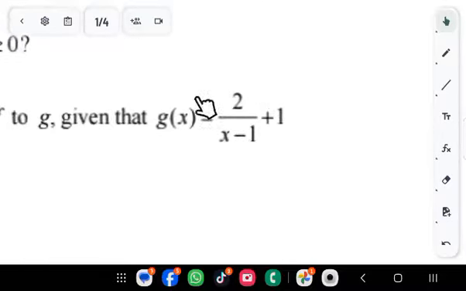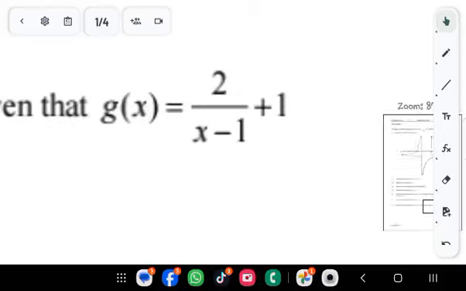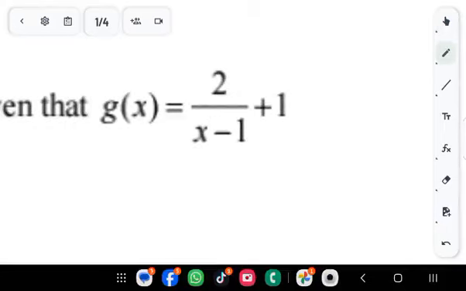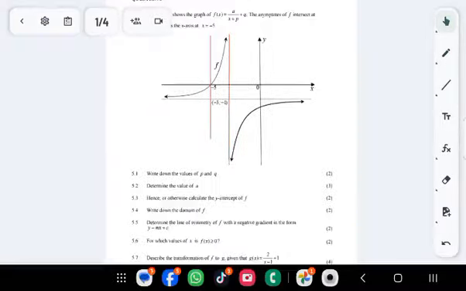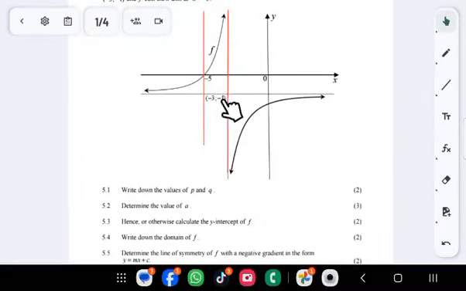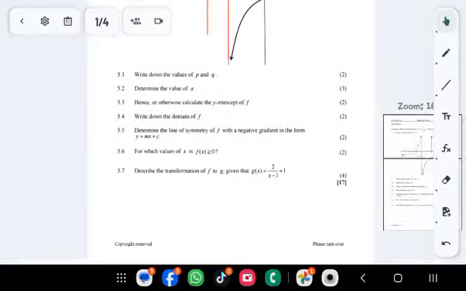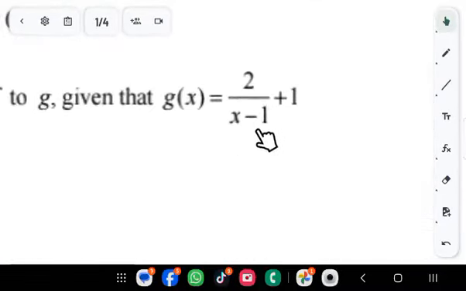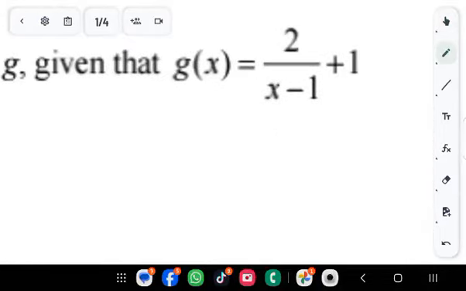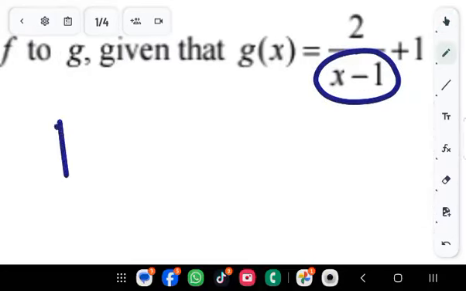If this is what you now have, that means before, your graph was shifted 3 units to the left, now it has been shifted 1 unit to the right, because our p equals -1.